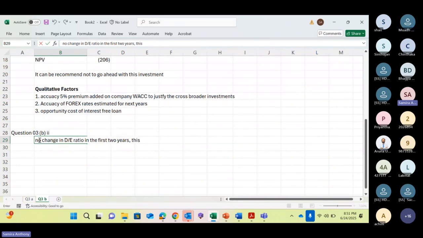Am I correct? Yes, sir. Every year, day by day, the retained earnings will increase. We assume that remains constant, right? If there is no repayment of debt, it means debt remains constant. Is that clear?